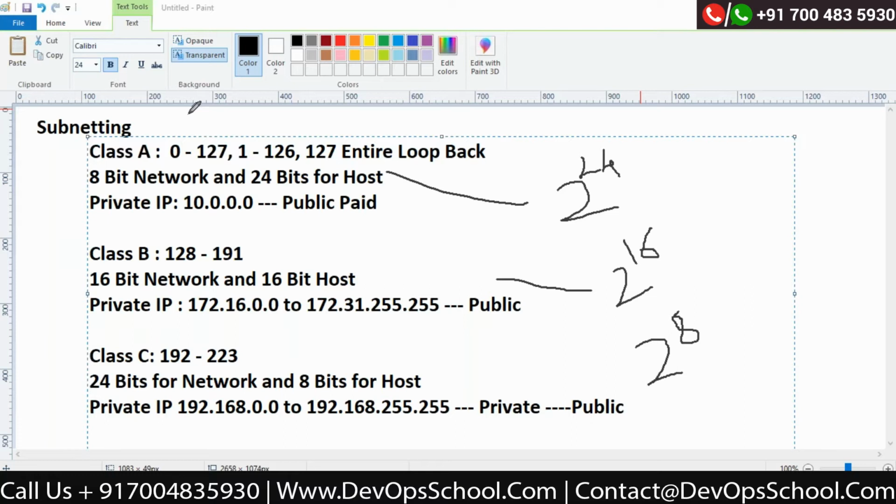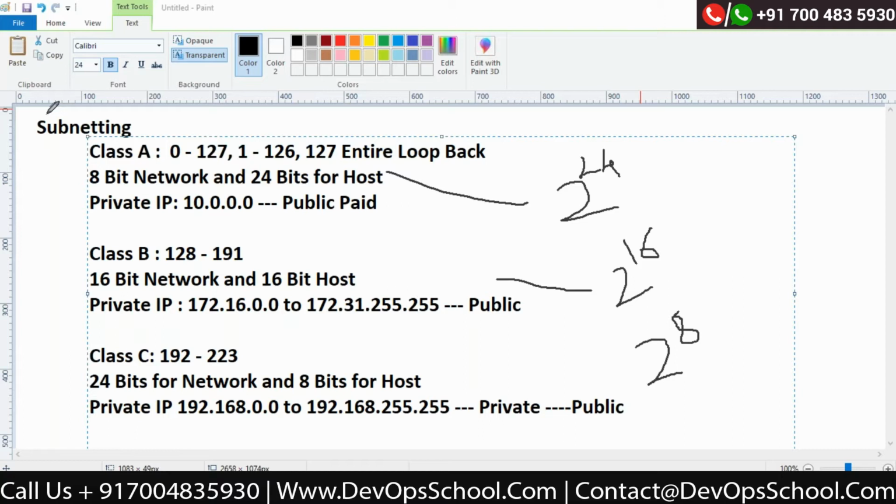Correct? So if it is free, that's fine. But still you have to make sure that the utilization of that IP addressing is properly done, because managing these IP addresses is also a very, very important task. So subnetting helps us to manage and properly use these IP addresses.